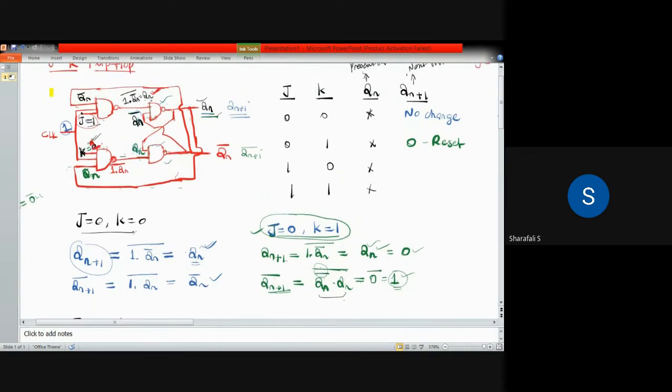For J equal to 1, this output is Qn, and here we have 1 dot Qn bar, which is equal to Qn bar, and we have one input coming from the output of this NAND gate. So that is fed into this NAND gate. So Qn dot Qn bar whole bar will come.